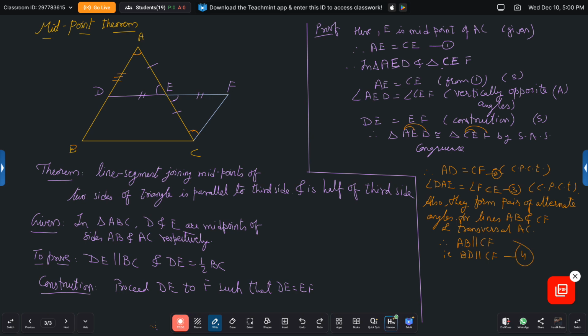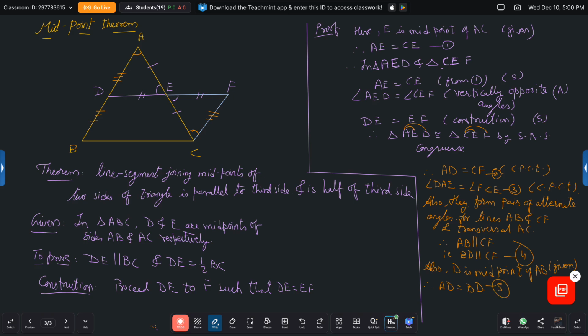Also, as I proved that AD is equal to CF, I am showing in figure. But D is midpoint of AB, so AD is also equal to BD. So I'll write also D is midpoint of AB. This is given. Therefore, AD is equal to BD.